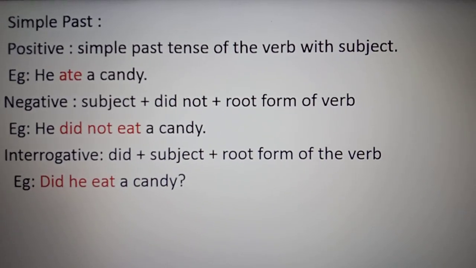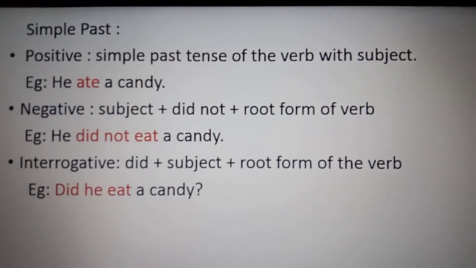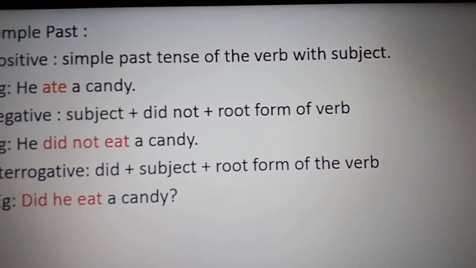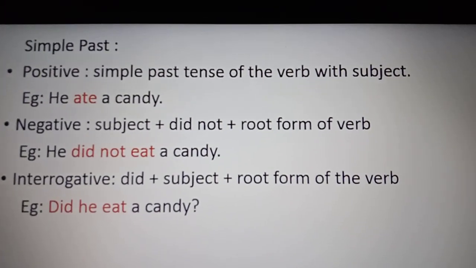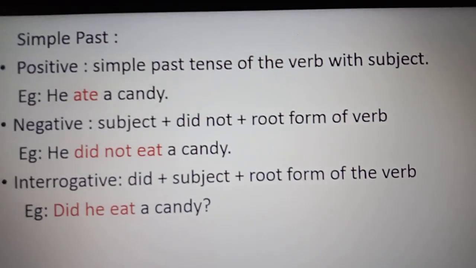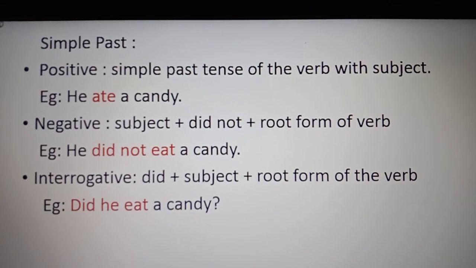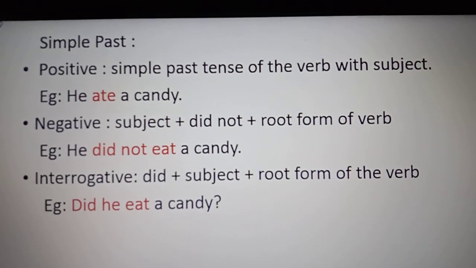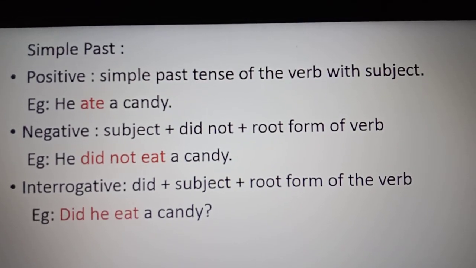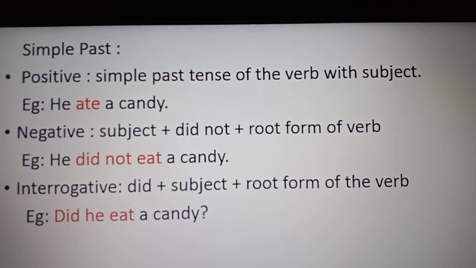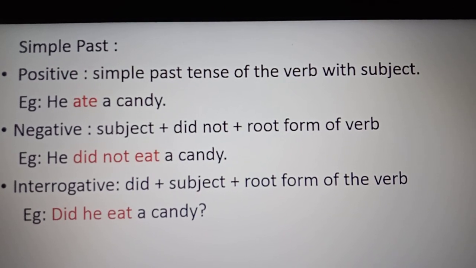Now we have simple past tense. You know that we have positive sentence, negative sentence, interrogative sentence. So a positive sentence is the simple past tense of the verb with the subject. He ate.